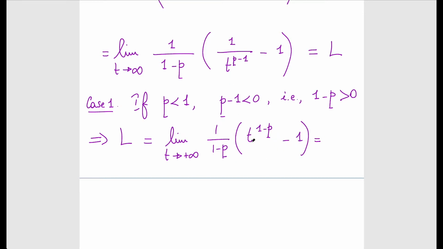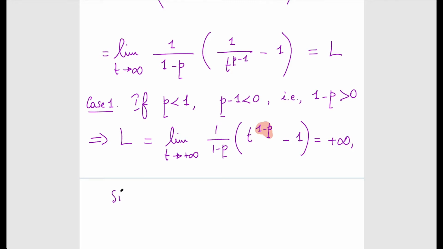And this is equal to what? Well, the exponent now is positive, and t is blowing up. So what happens to the whole thing? This is going to go to plus infinity.